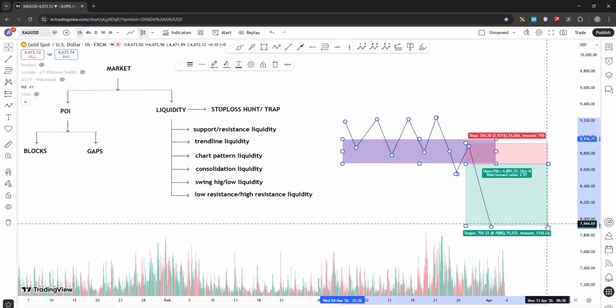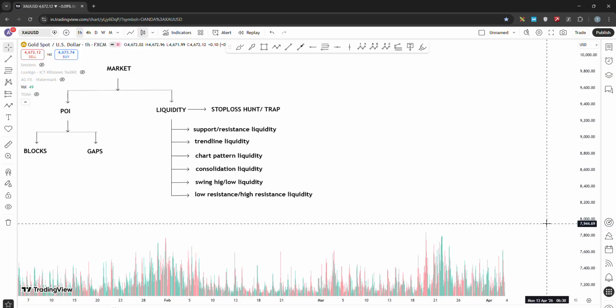And the smart money traders, meaning the institutions, the hedge funds, the central banks, know this very well: this is what retail traders trade. This is how they see the market, because that's what we have been taught.